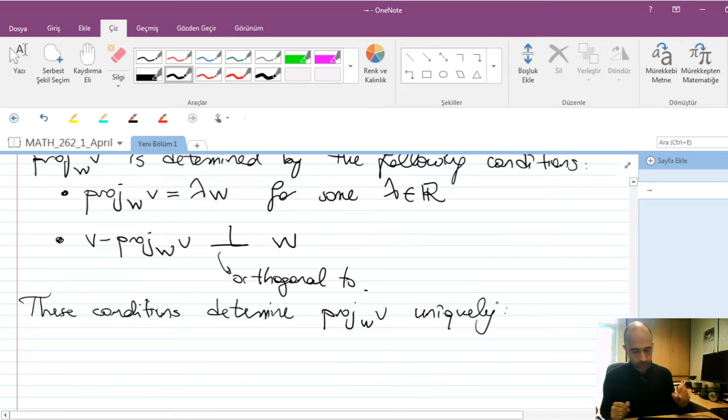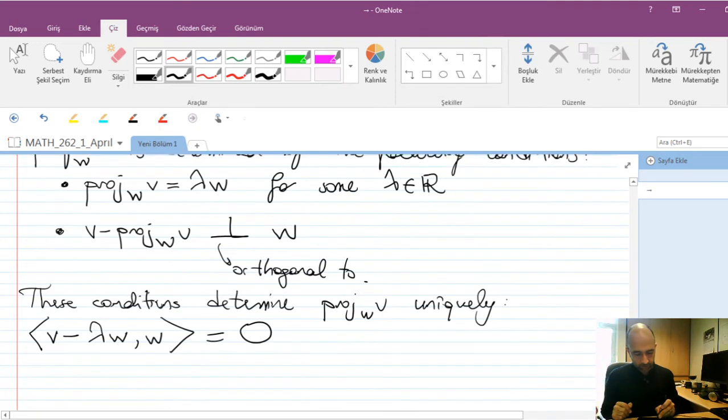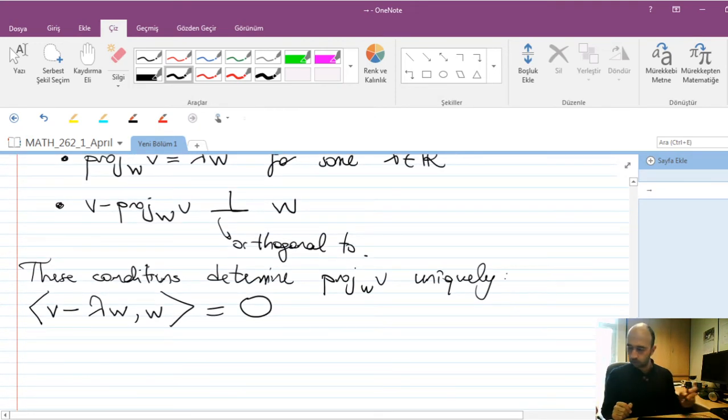Let's do that. Well, all you have to do is to write the condition: the inner product of V minus lambda W with W equals 0. Now we have linearity in the second slot, therefore I can rewrite this as <V,W> minus lambda times <W,W> equals 0. So there's a unique solution to this.